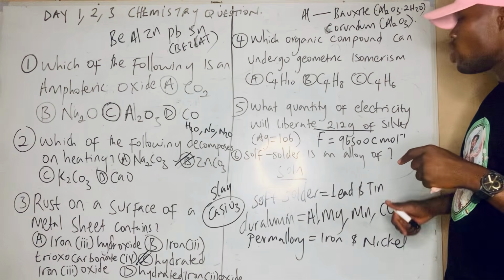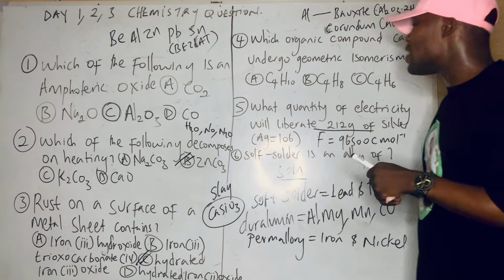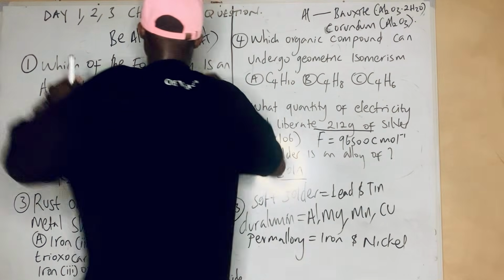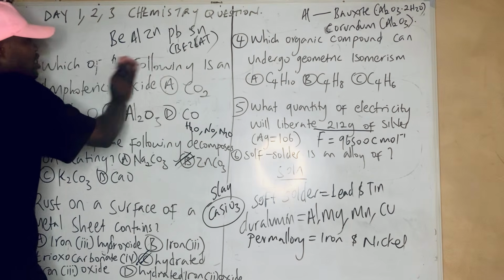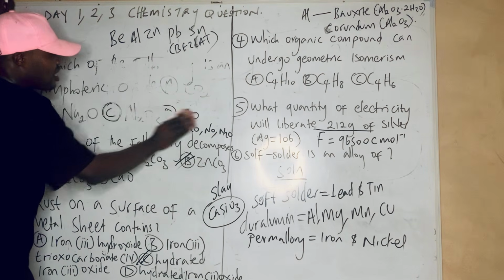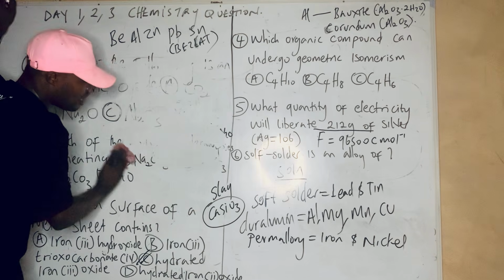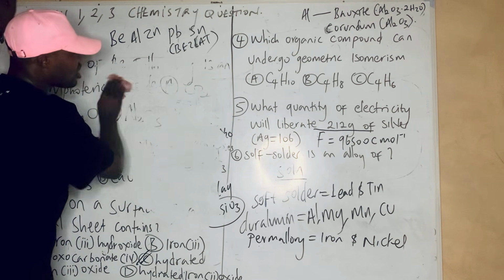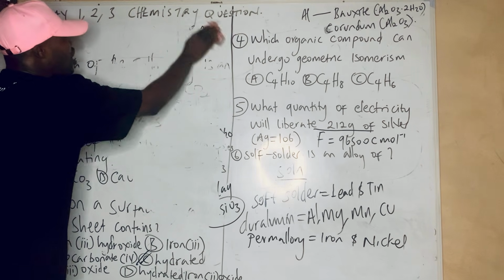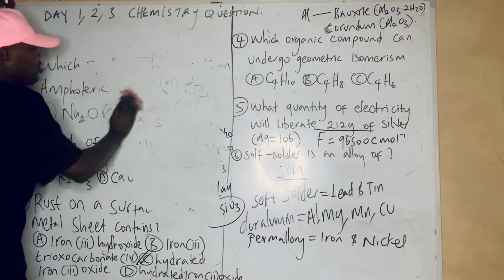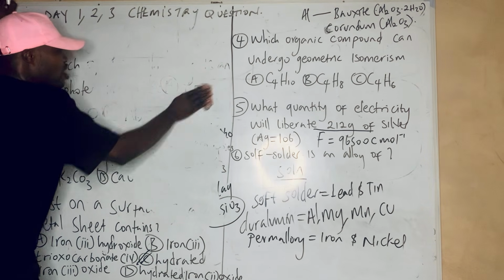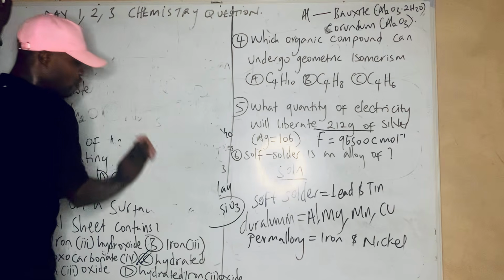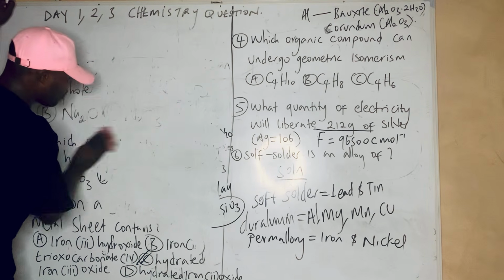If you know your electrochemical series very well, by now you should be aware that elements below aluminium are extracted by reduction. So what I mean is simple.